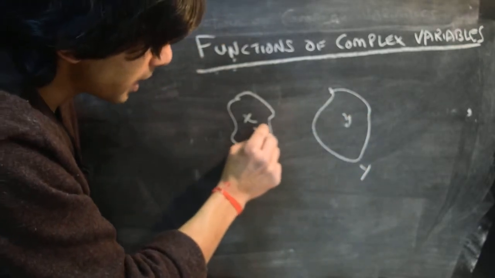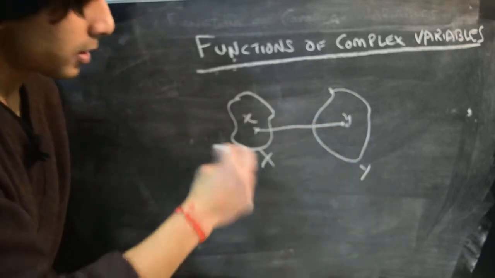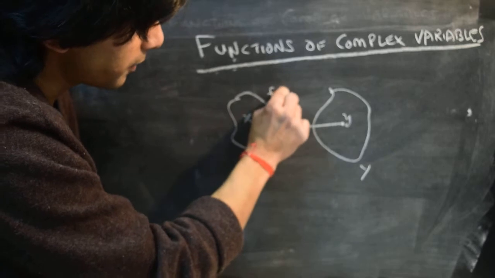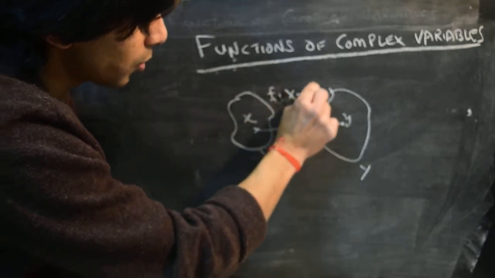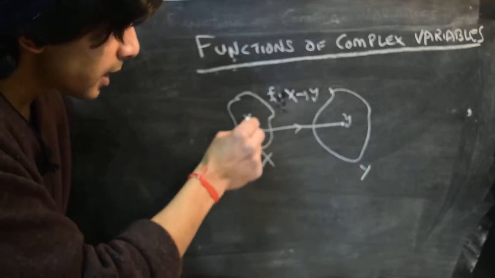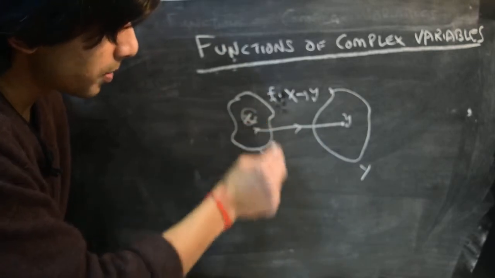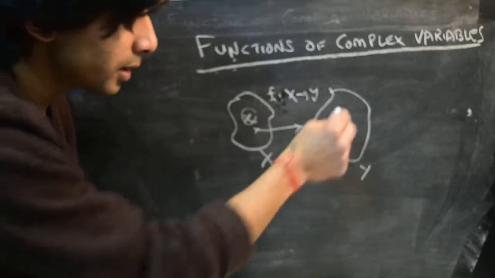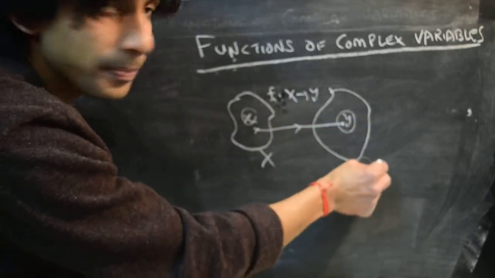Then a mapping from set X to set Y is a rule or a correspondence, typically denoted by f going from X to Y. So it's a rule or a correspondence that takes an element small x belonging to capital X and maps it to one element small y in capital Y, right?